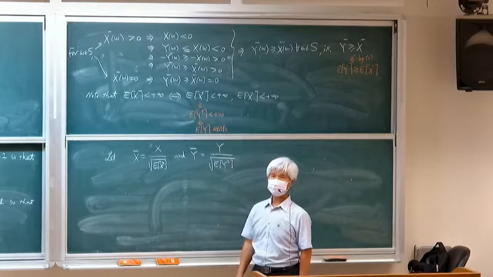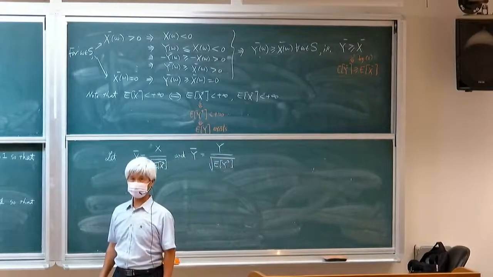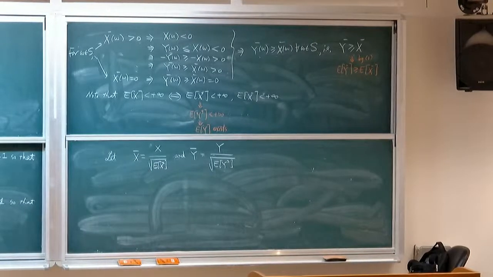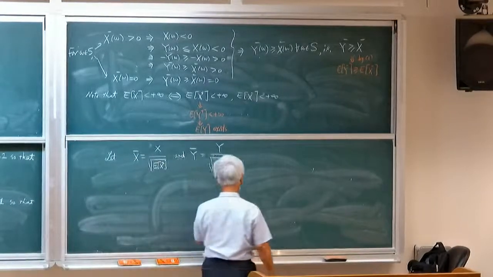We are able to put the square root of the second moment into the denominator because we consider them to be positive.